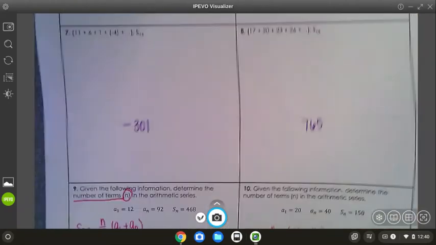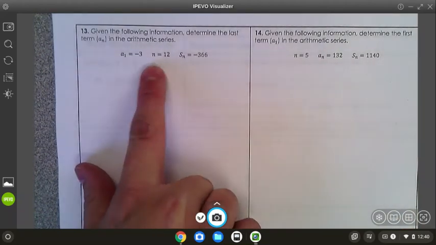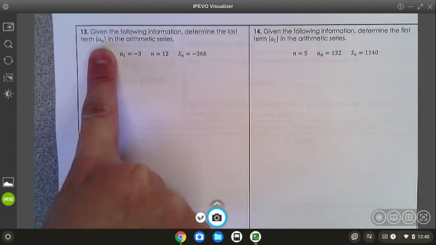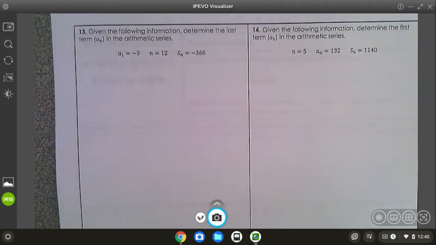We got 2 more examples. So these are similar, except this time we have the n. We do not have an. All right, so let's fill in the parts that we've got.